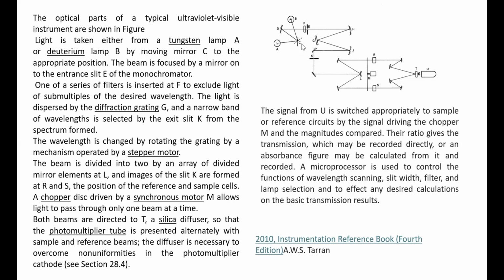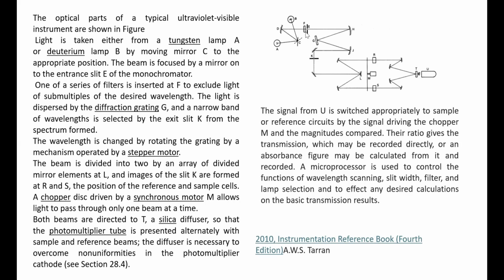So you have this light source which is generating the light. It falls on the mirror, and the mirror is going to focus the light. The mirror is denoted by letter C. From C it will go to D. D is another optical system, and E is the slit.